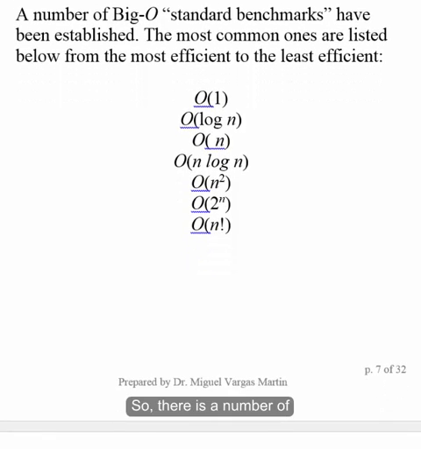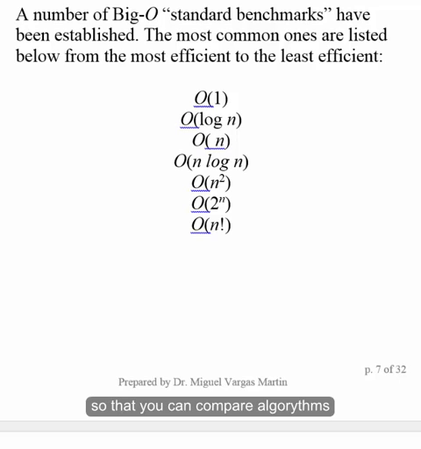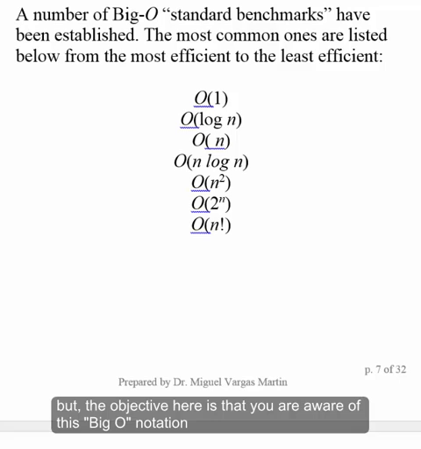So there are a number of big O standard benchmarks that have been established so that you can compare algorithms in an easier way. And we have this notation. Now, we're not going to prove which of these applies to what algorithm, but the objective here is that you are aware of this big O notation and that you know the meaning of it.